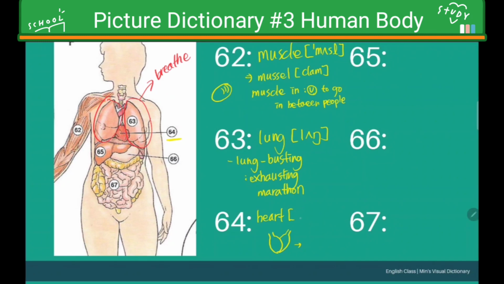So the single most important organ in our body, heart, heart, like that. And our heart is divided into two sections, left and right.